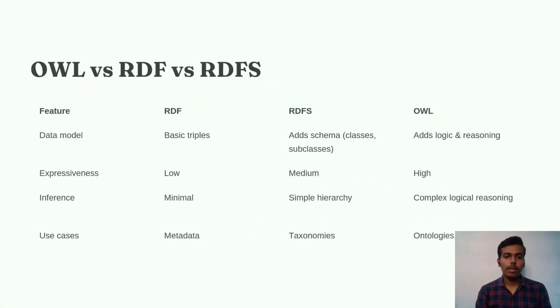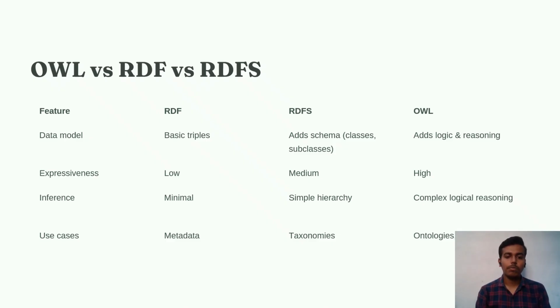OWL versus RDF versus RDFS. It's easy to get confused between RDF, RDFS, and OWL. Here is the difference. RDF is the foundation, just triples like subject, predicate, object. RDFS adds a class schema. You can define hierarchies like dog is a subclass of animal.